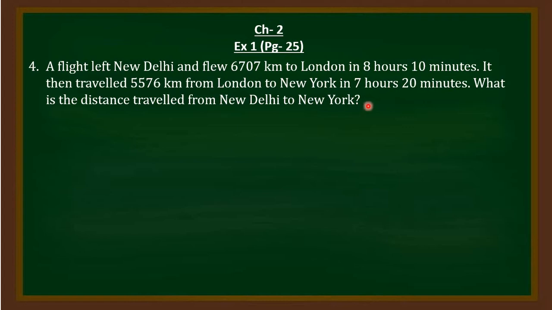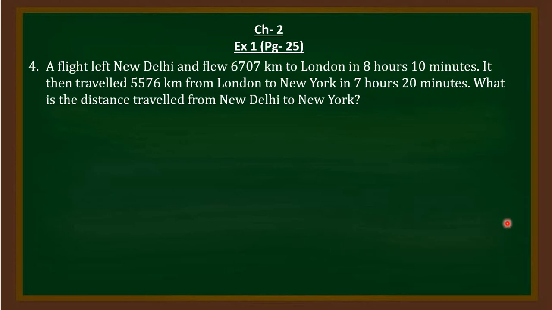Now kids, in this question you are told that the plane first travelled from New Delhi to London and then the same plane travelled from London to New York. That means it is covering a certain distance from New Delhi to London and a certain distance from London to New York. And we are asked to find the total distance the plane travelled.